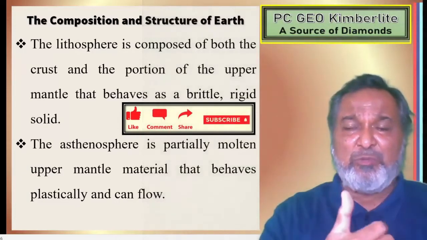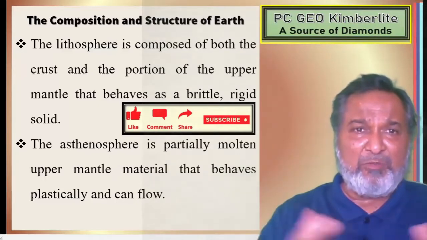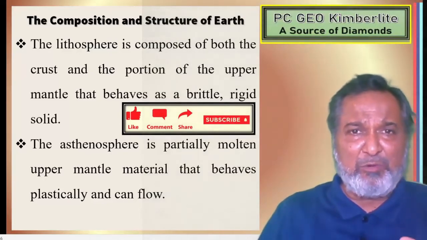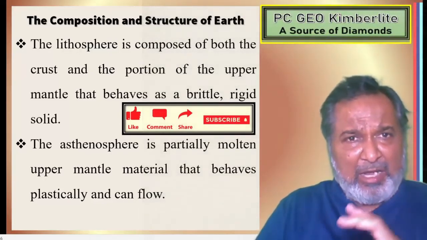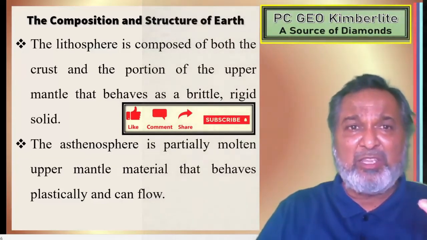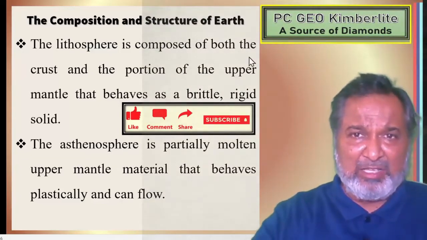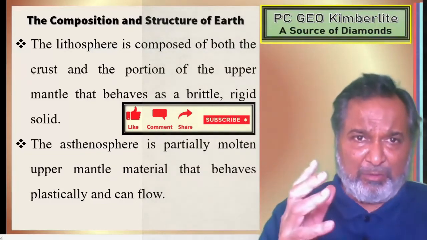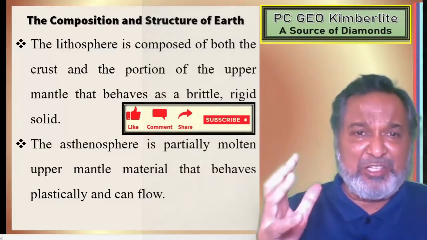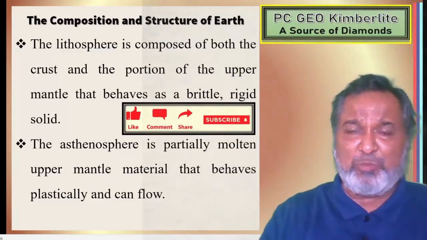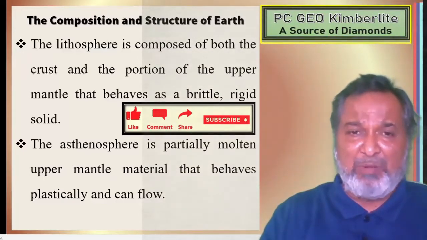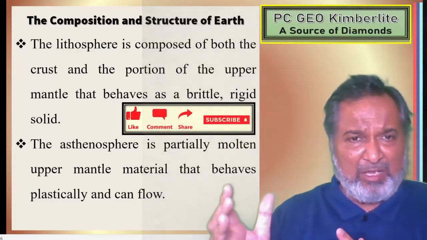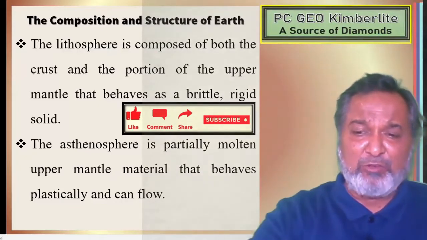Litho means rock, and sphere, so it is a rock sphere. From the surface down to 200 kilometers, we get the full crust and the upper part of the mantle, which form the lithosphere. The rocks there are brittle and rigid solids. And the asthenosphere is the partially molten upper mantle that behaves plastically and can flow. That extends up to 700 kilometers.